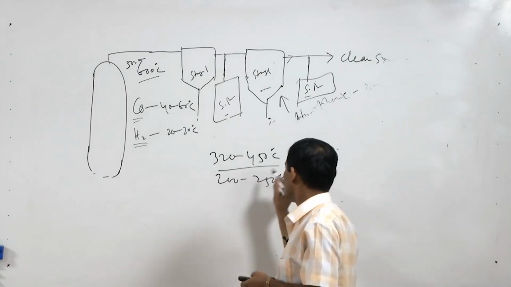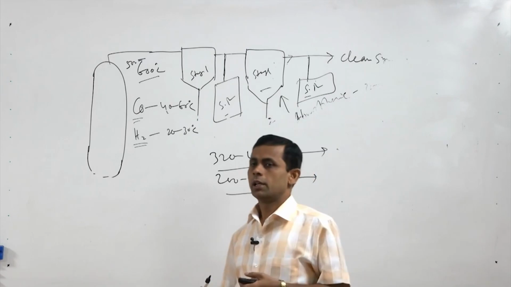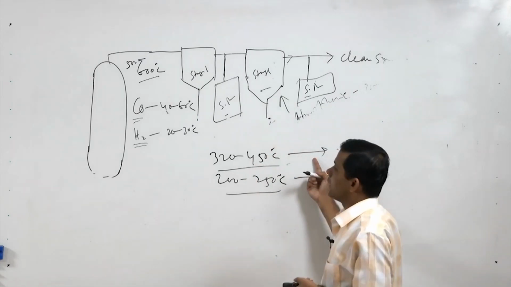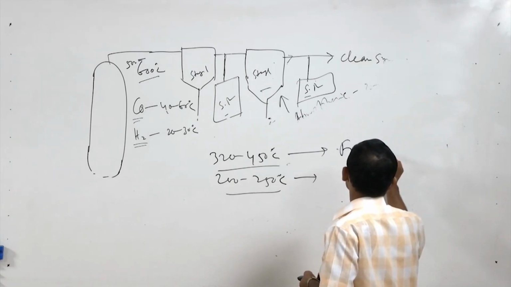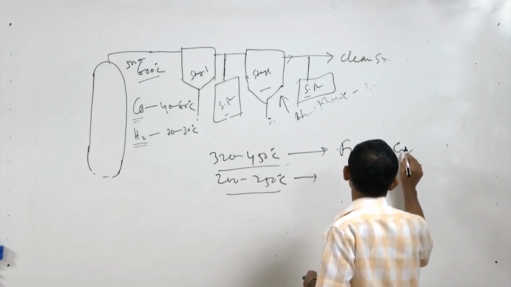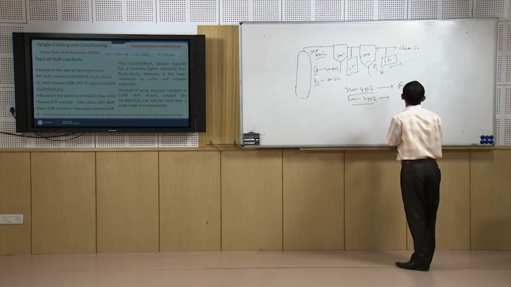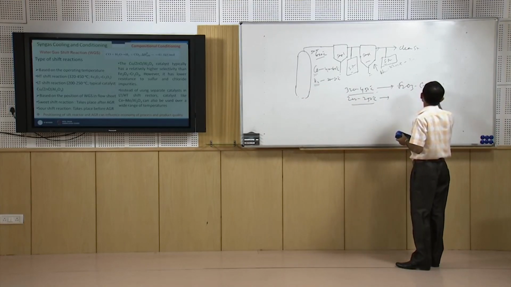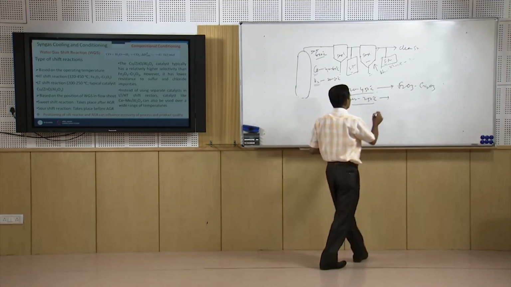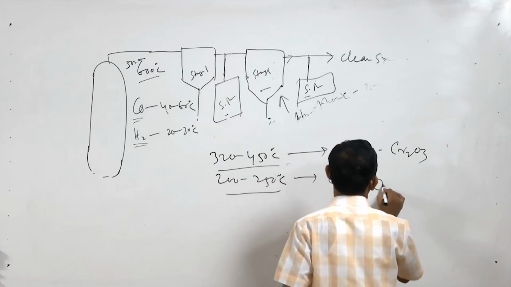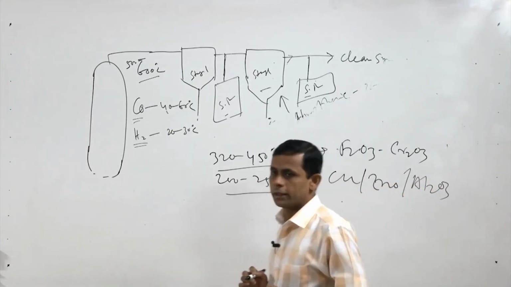Under these two conditions, two different catalysts are used. The high temperature catalyst is basically Fe2O3, Cr2O3, and the low temperature catalyst is Cu, ZnO, Al2O3.